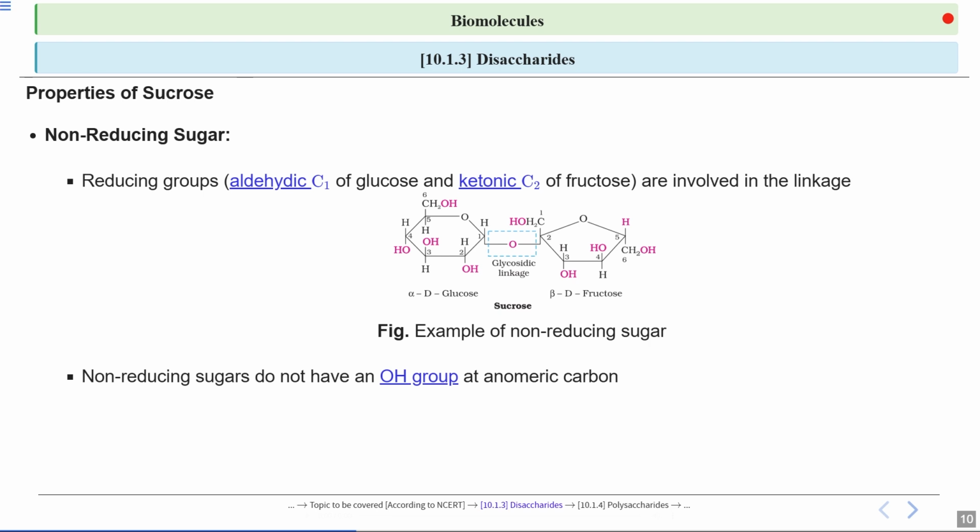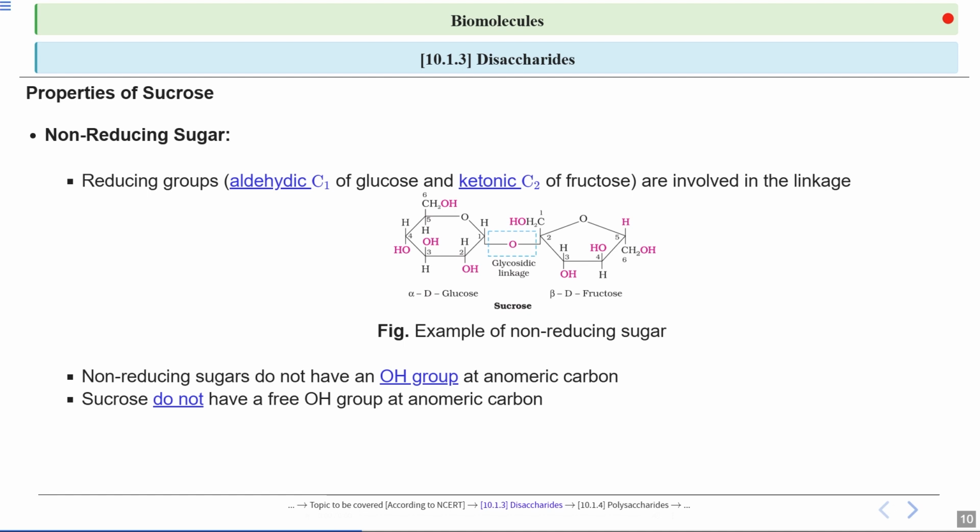It is important to note that non-reducing sugars do not have an OH group at the anomeric carbon. So we can say that sucrose does not have a free OH group at its anomeric carbon. This structural feature is what prevents it from acting as a reducing sugar.